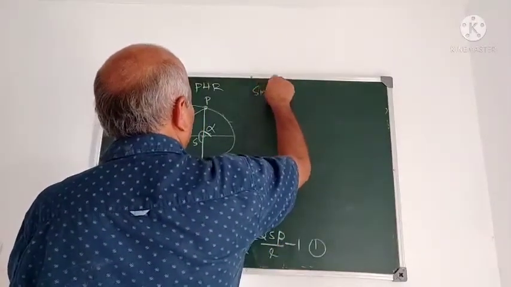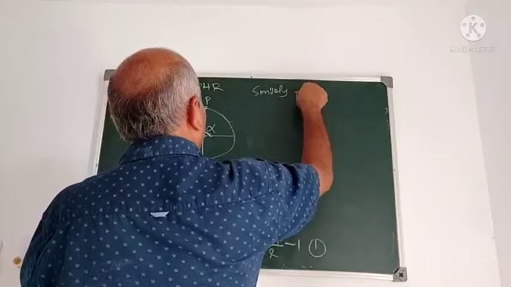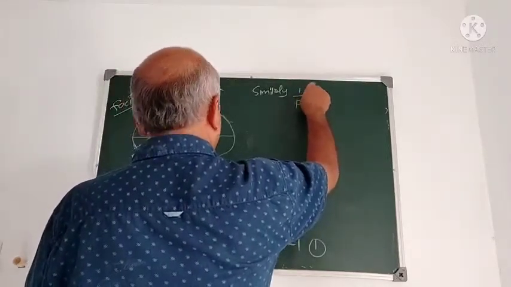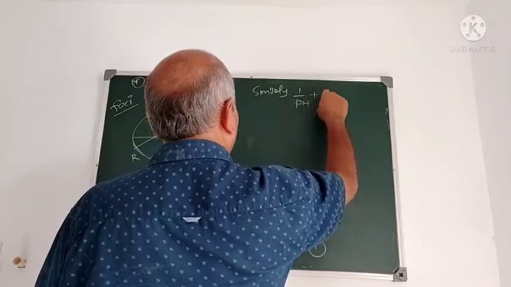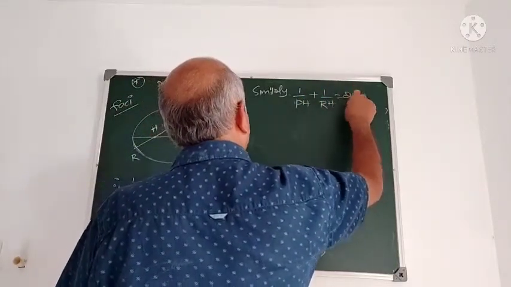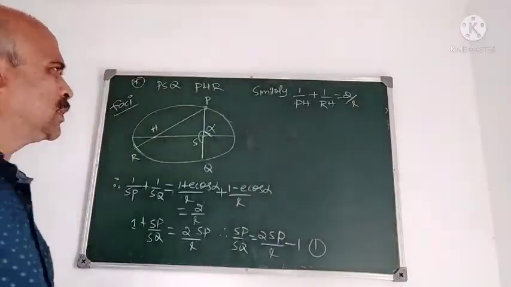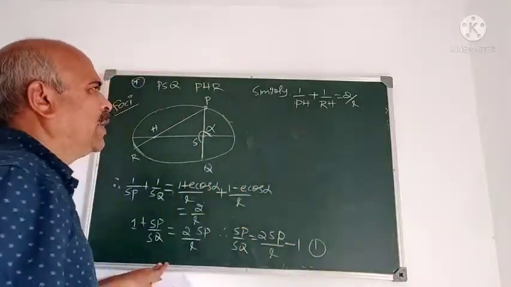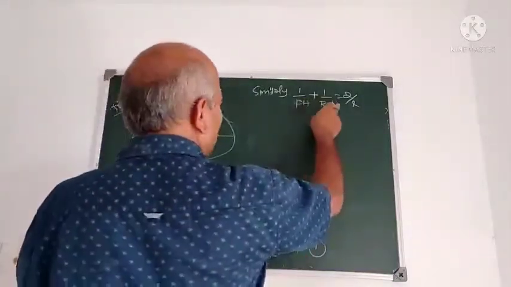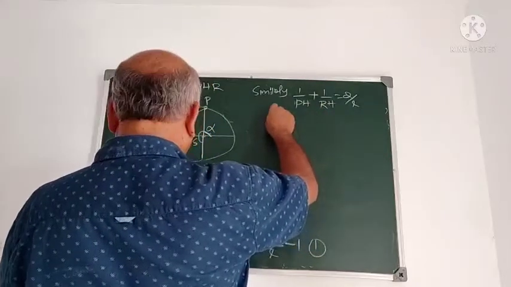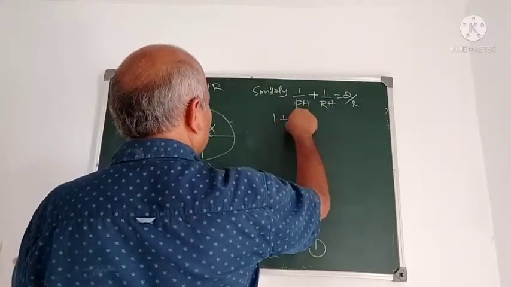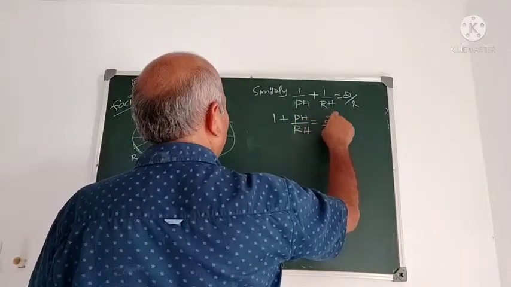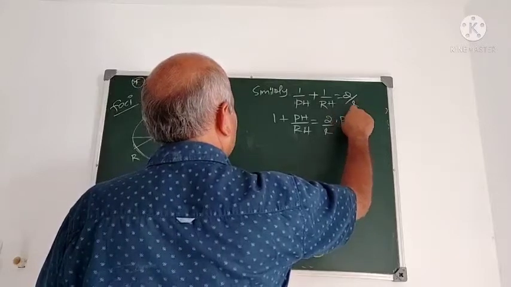Similarly, 1 upon PH plus 1 upon RH is equal to 2 by L. Just as we proceeded here in the beginning, we obtain 1 upon PH plus 1 upon RH is 2 by L. Therefore, 1 plus PH upon RH is 2 by L into PH.